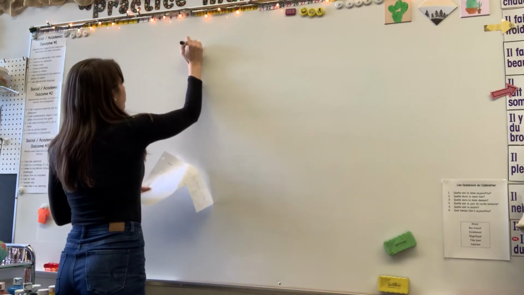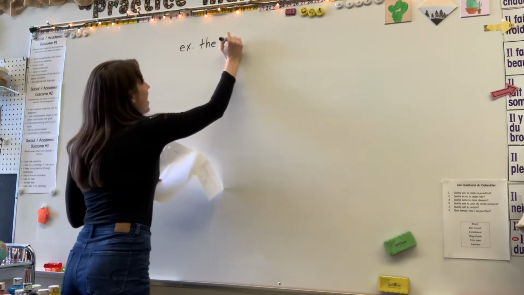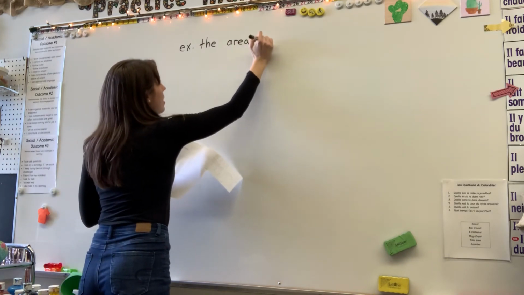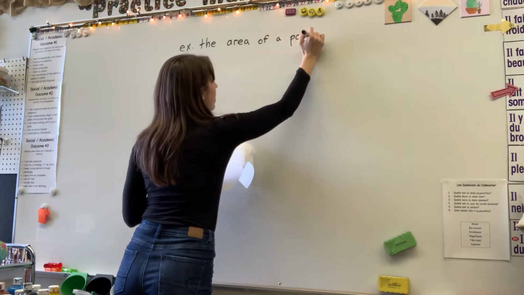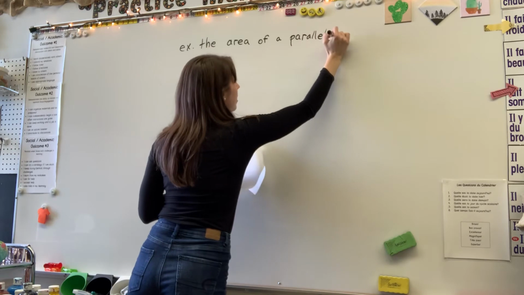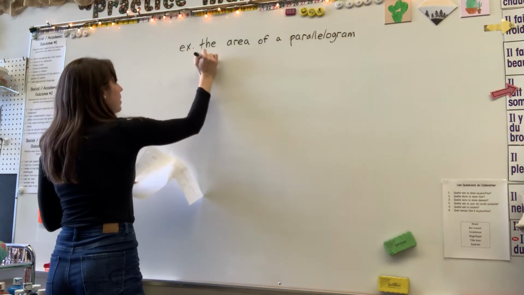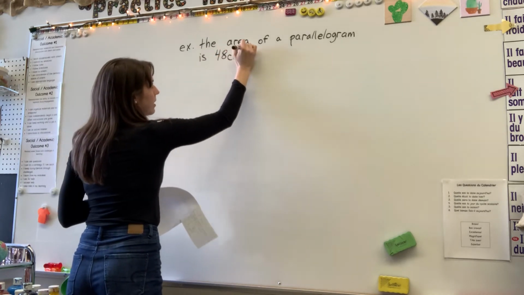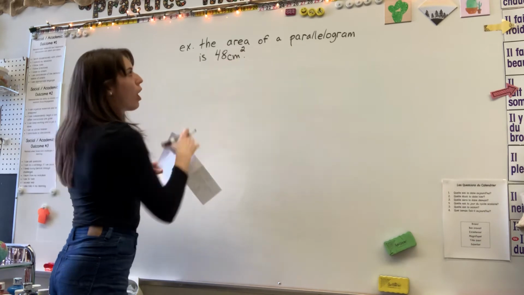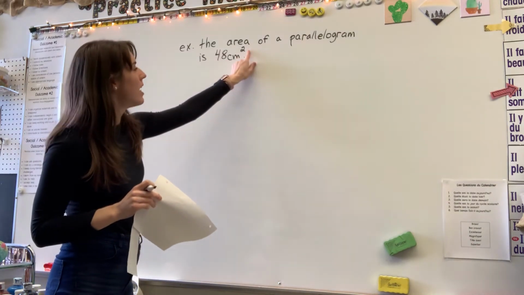Example number 2. So the area of a parallelogram is 48 centimeters squared. You cannot forget the squared. I'm just gonna emphasize that a lot.